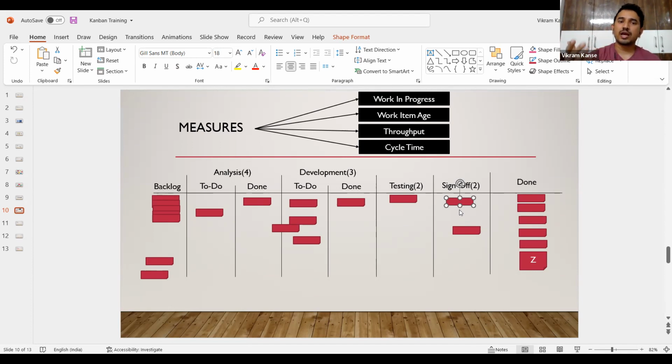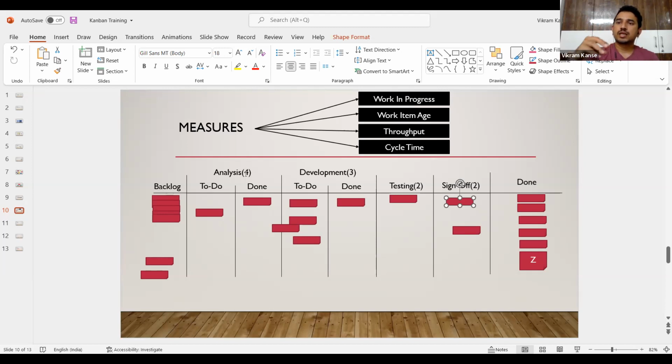And one basic thumb rule we say is, if you do not have clarity on what WIP limit needs to be set, then start with 1 and then improve. Start with low, then go to high. Don't go with high, because once you go with high, you have taken so much uncertainty into consideration that it becomes difficult to manage.